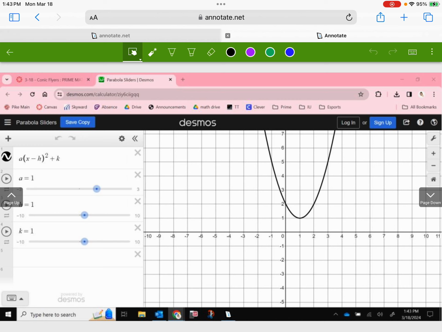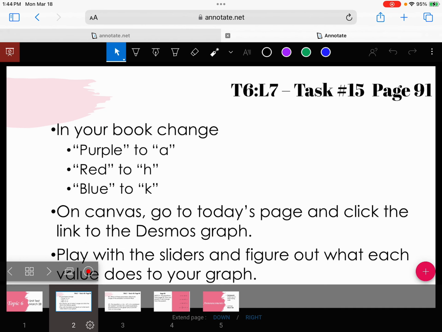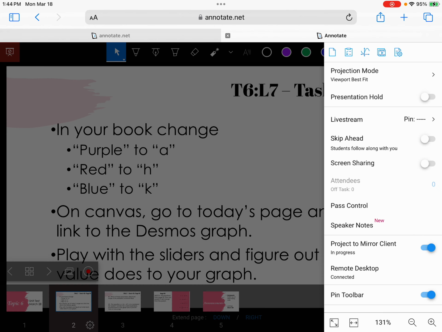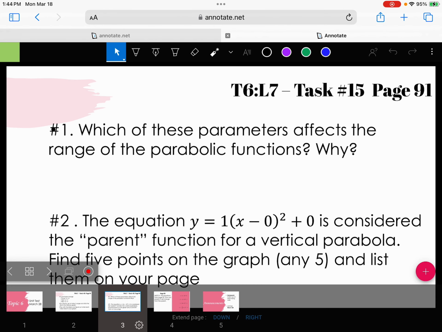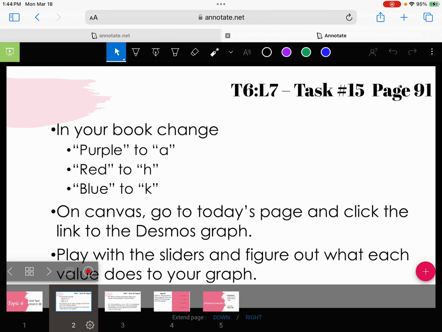No, we're going to write it in your book on page 91. I'll go back to that page that says it. There we go.